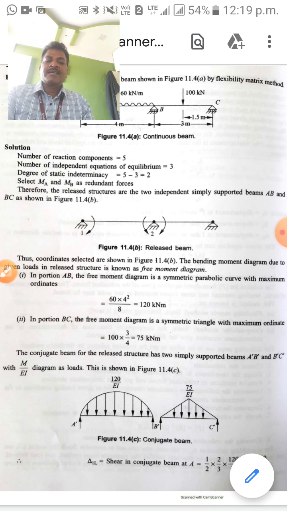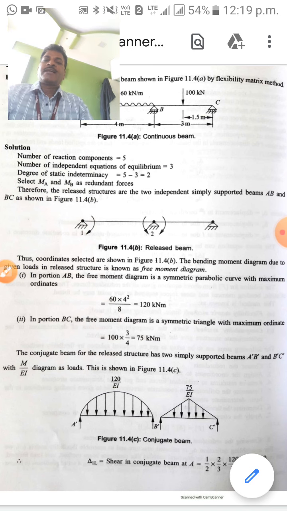Now we can calculate the displacement at 1 due to loading, that is delta 1L, equal to the shear in the conjugate beam at A, that is the area of the bending moment diagram, half into 120 by EI into 4 into 2/3, since the centroid lies at the center. Therefore it is equal to 160 by EI.